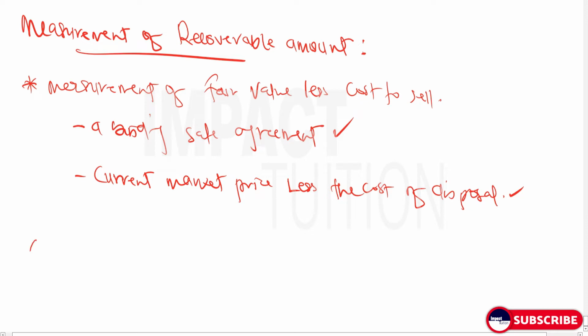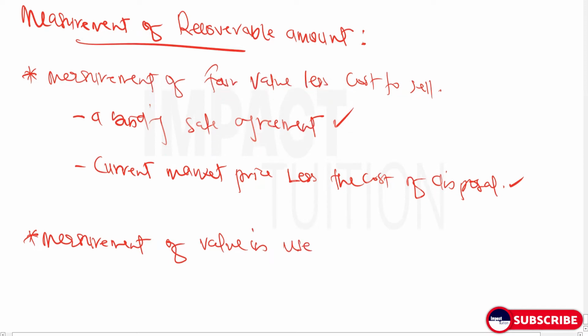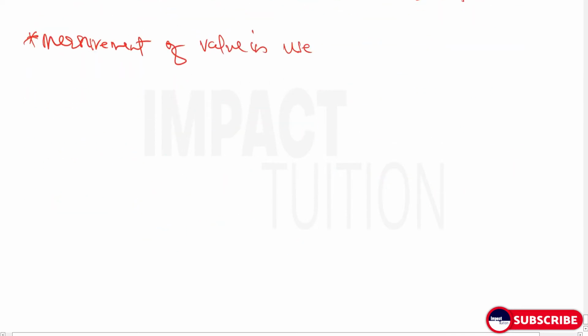Measurement of value in use. The value in use is how much an entity would make from the continued use of the asset.